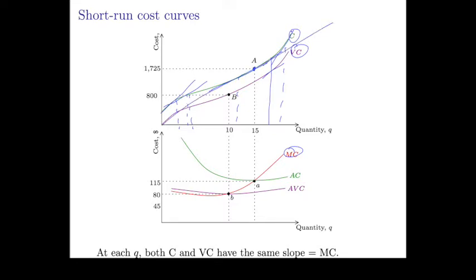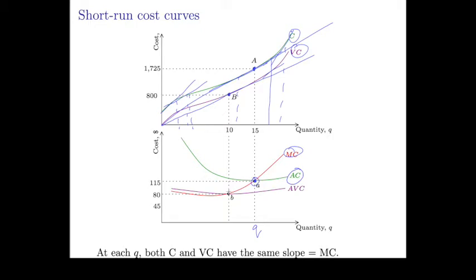An important thing to note here is that at the minimum average cost, the line from the origin is tangent to the cost curve. At the minimum average variable cost, the line from the origin is tangent to the variable cost curve. This means that at the quantity where average cost is at its minimum, the marginal cost is going to have to equal the average cost.